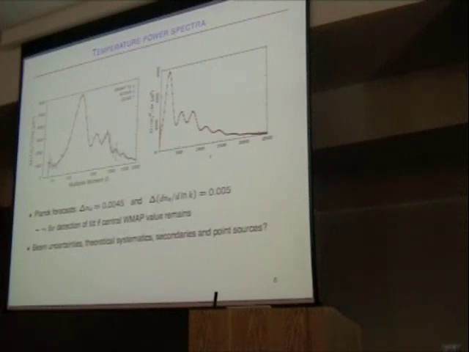So WMAP is cosmic variance limited to 500, so Planck won't do any better on these large scales, although arguably the control of astrophysical foregrounds will be rather better, so the data is potentially more reliable on these scales. But the real advantage is through the rest of the acoustic peaks and down into the damping tail, where Planck will do a much better job and be cosmic variance limited basically all the way out to about here.